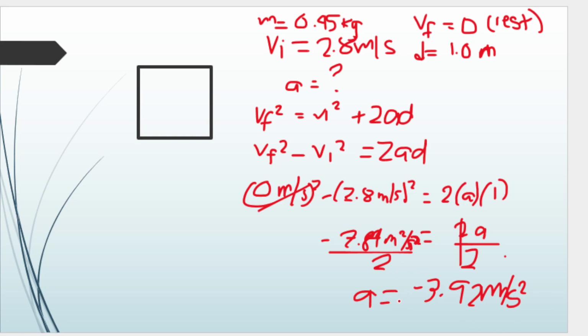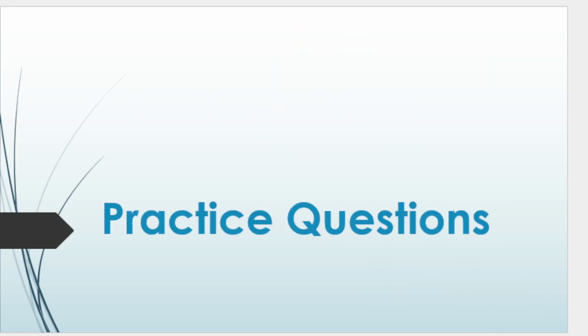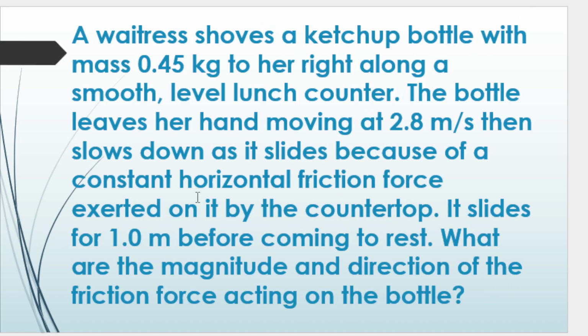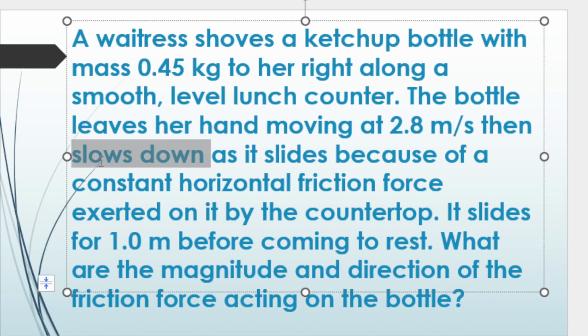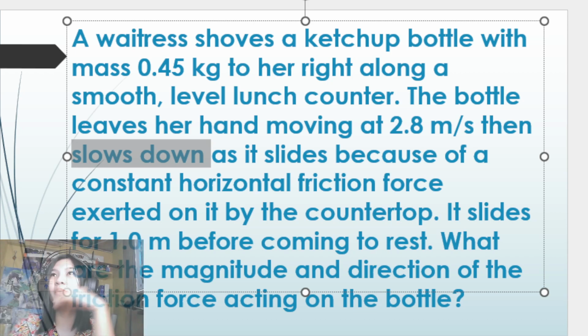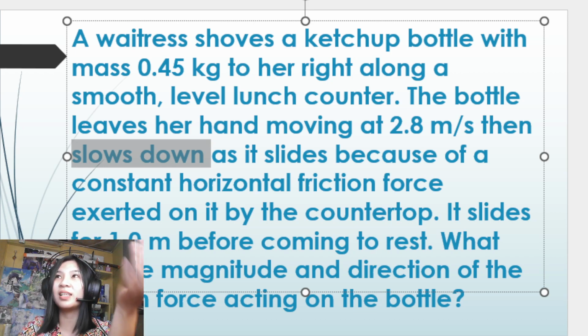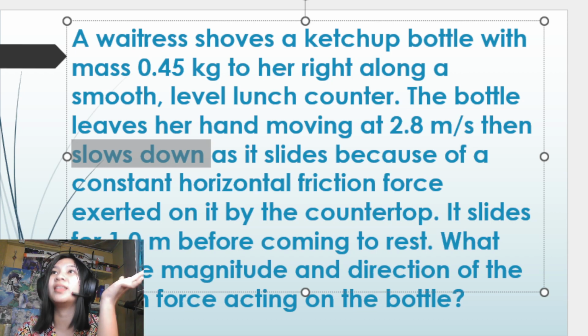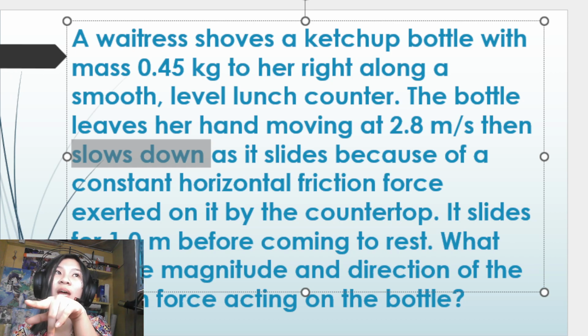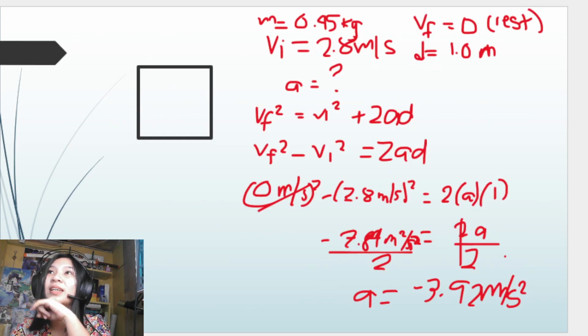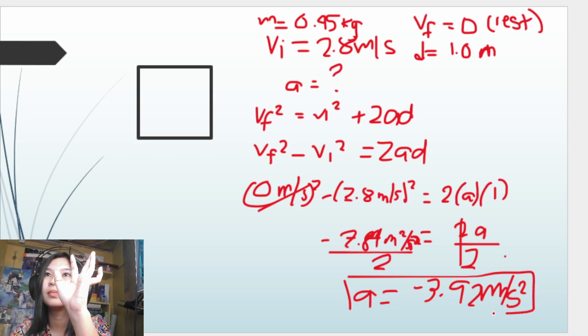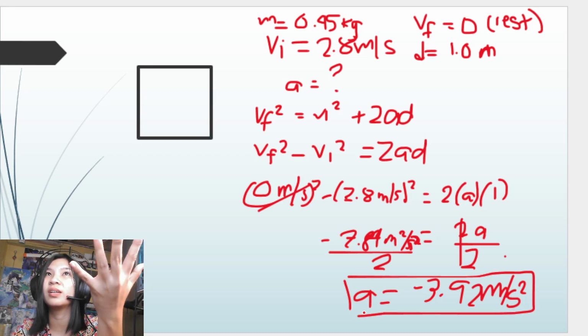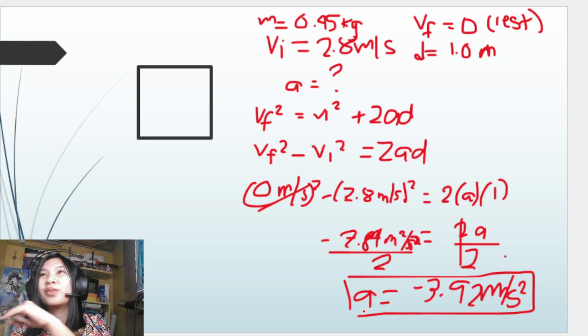No, negative lagi na siya. Yes, because it was stated here that it is slowing down. No? So slowing down man siya, it means it is decelerating. Diba? Deceleration is a negative acceleration. So tama imong answering, a negative dapat siya. Okay, so negative is correct. Or it's just moving opposite to your motion.